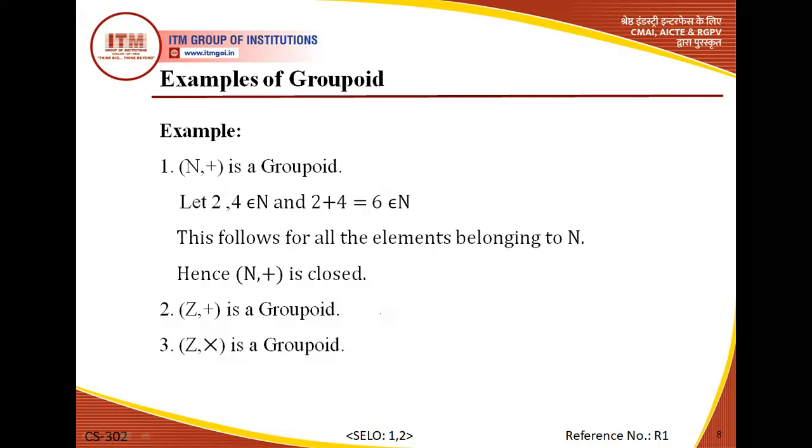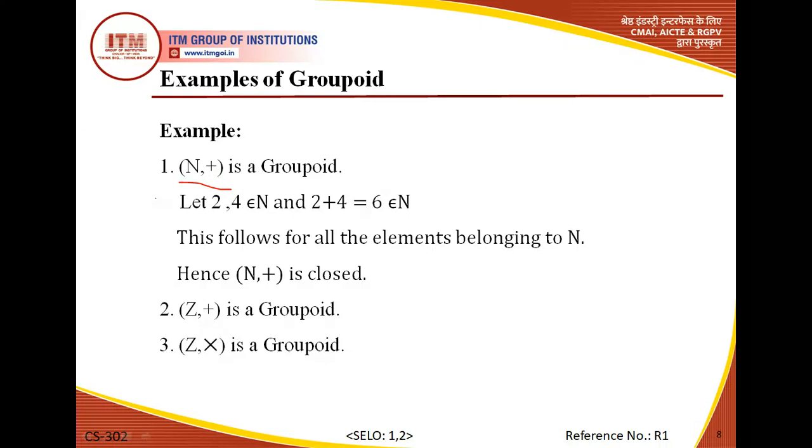Let's see the example for groupoid. We have taken the set of natural numbers, and the binary operation we have selected is addition. Take any two natural numbers. Natural numbers start from one. Take any two natural numbers and add them. The answer would lie in the set of natural numbers only.